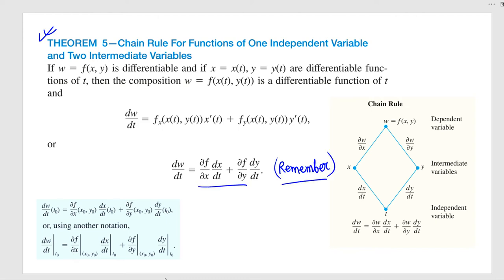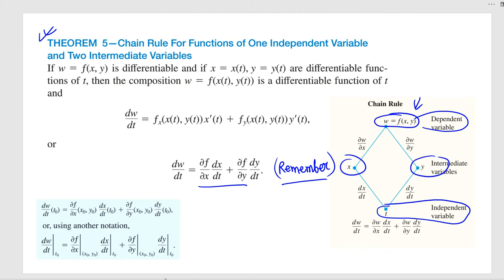And the dependency diagram is given here. This is the dependency diagram. Here, this is our dependent variable, and at the bottom we will have the independent variable. In the intermediate case, we have two intermediate variables. Since these are only single variable functions, we will have ordinary derivatives. But this w is a several variable function, so we will have partial derivatives.